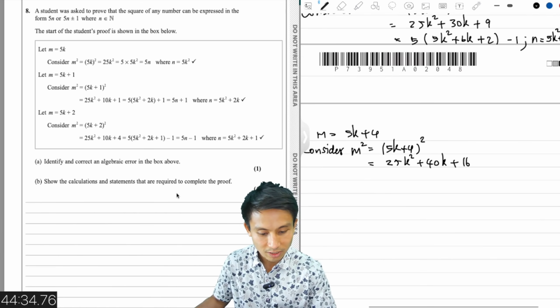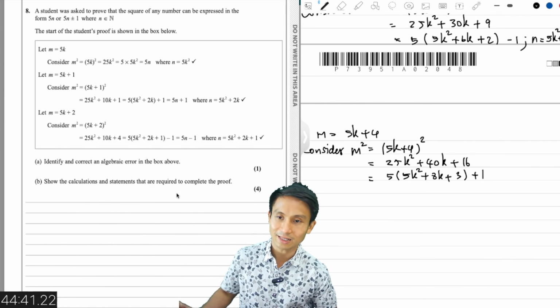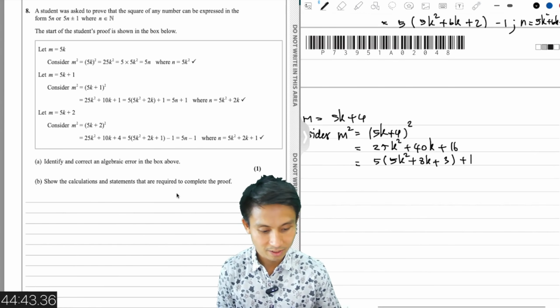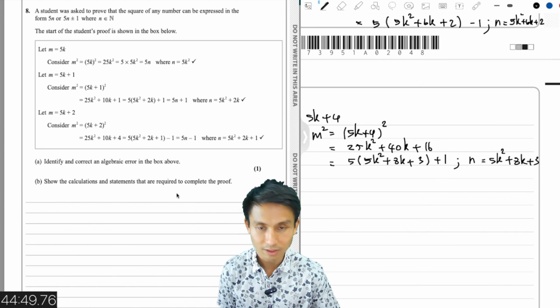So that's going to be 5k squared plus 8k. Well, let's do 3 and then plus 1 outside like that. Nice, okay. So this is where n equals 5k squared plus 8k plus 3.